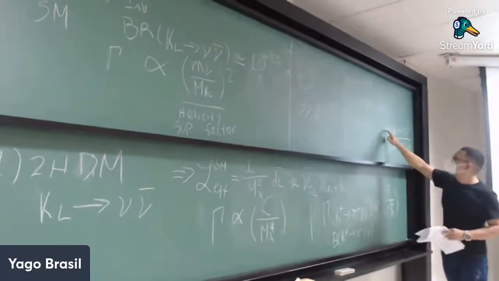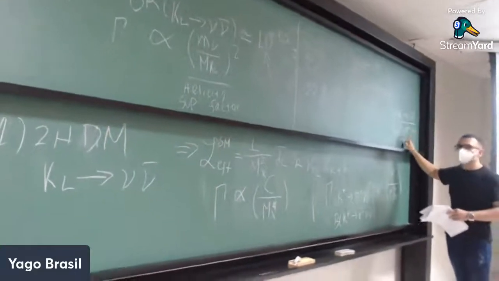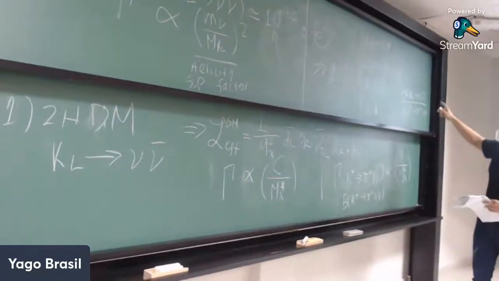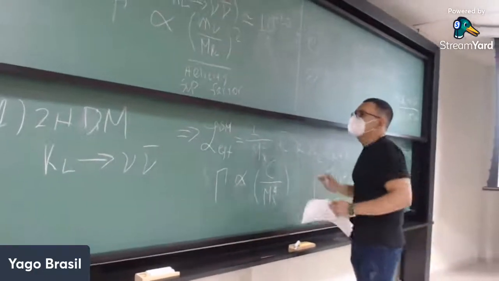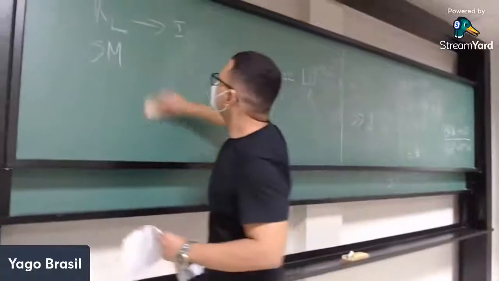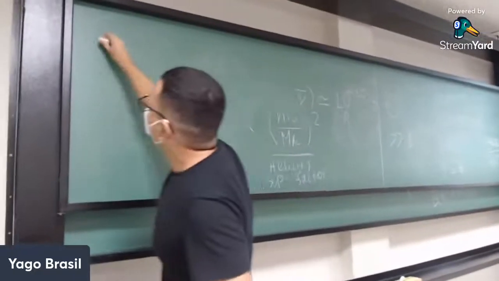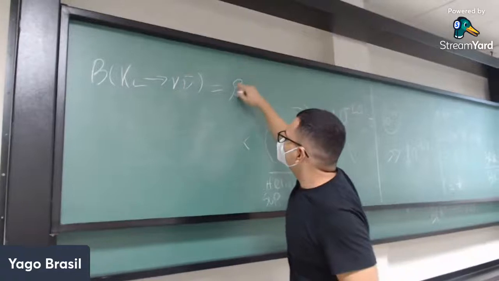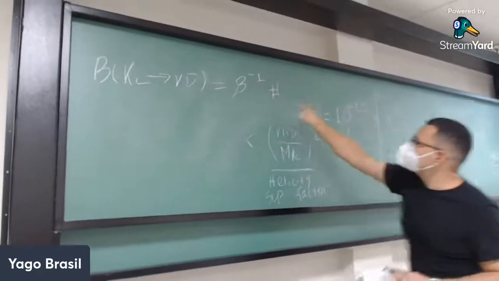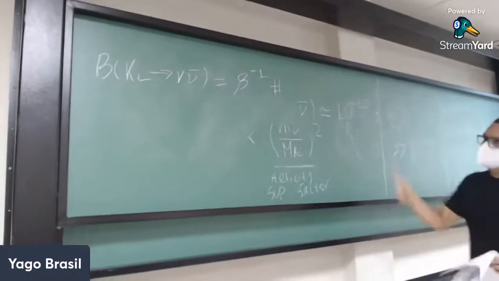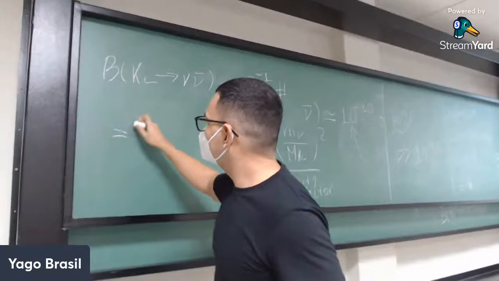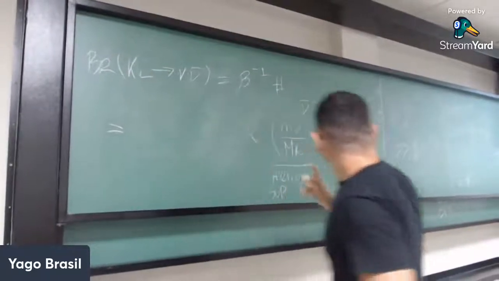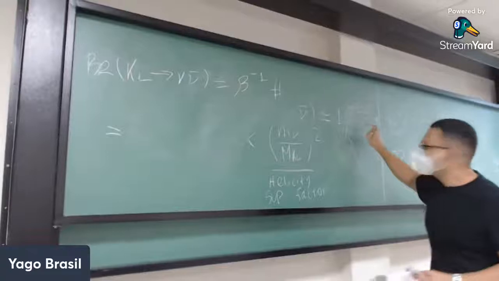We don't have an experimental value for the long kaons, but we have an experimental value for those particles, and we produce a number. So using that experimental value, we can generate a number for the branching ratio of the long kaon, and they prove that that value is greater than 10 to the -10.